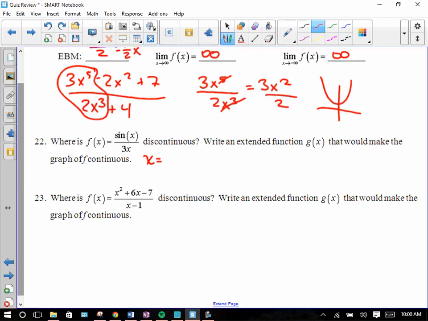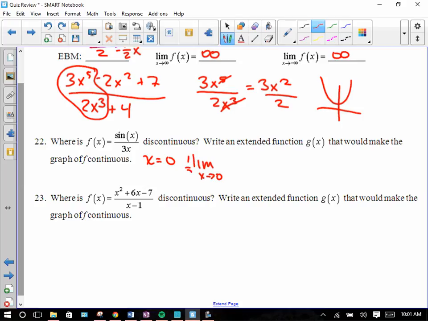x equals 0. So then what I have to do is find the extended function for g of x. Well, how do I do that? The first thing I need to do is find the limit as x approaches 0 for this function. Sin x divided by 3x, I can pull that 3 out.